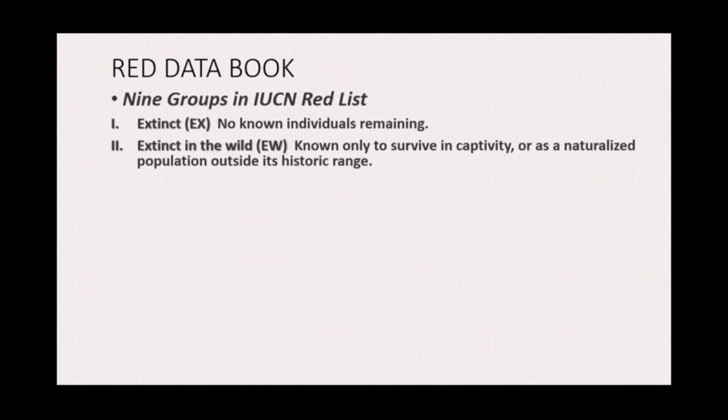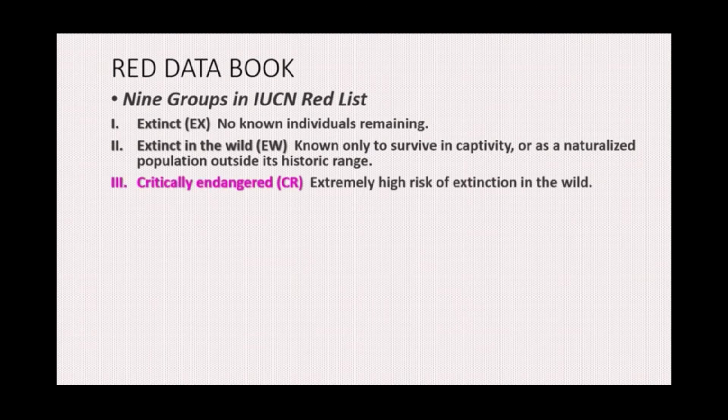These are the plant and animal species which are not at all recorded in the wild condition, but have been able to survive in captivity. So those plant and animal species which are now available only in captivity but are extinct in the wild are grouped in this second group, that is extinct in the wild.